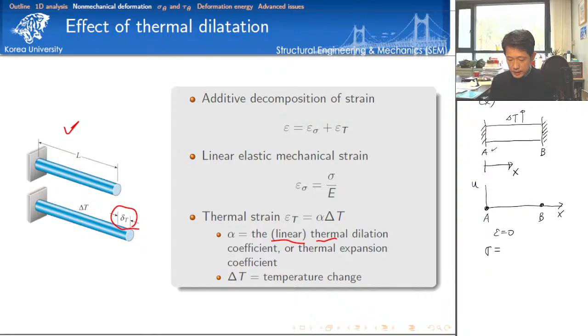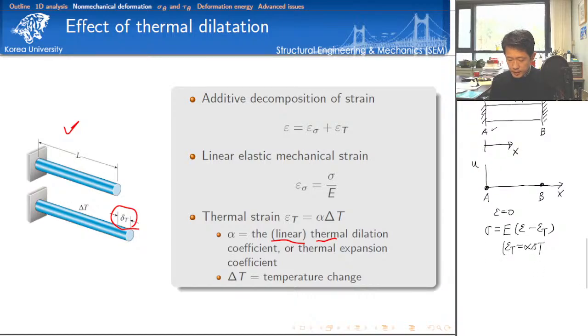The stress is equal to elastic modulus and strain minus the thermal strain. But here the strain is equal to 0. And how about the thermal strain? Thermal strain is alpha delta T. So let's plug in here. If you do that, elastic modulus times 0, minus alpha delta T.